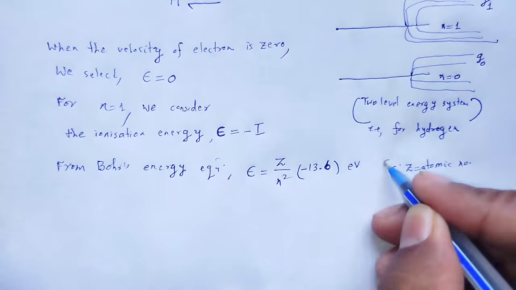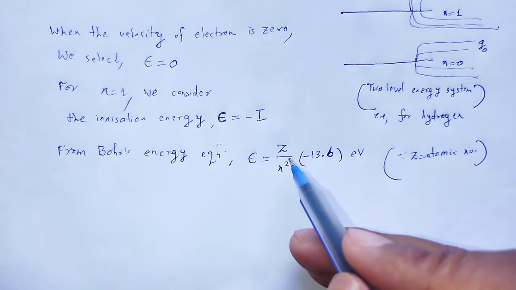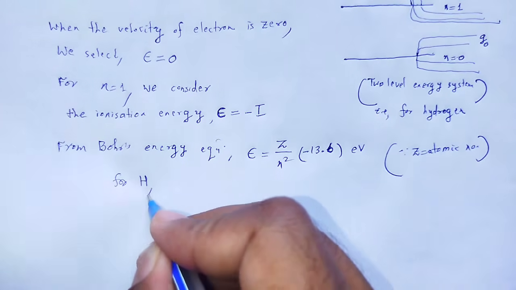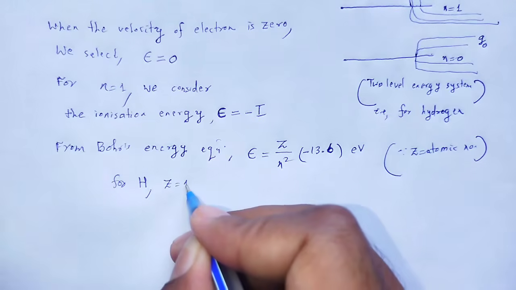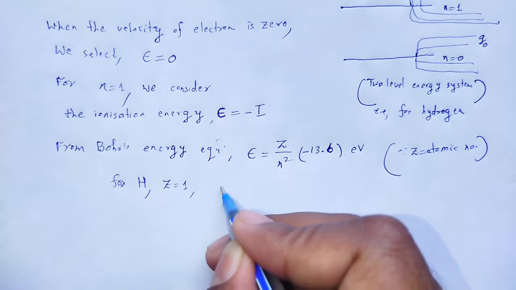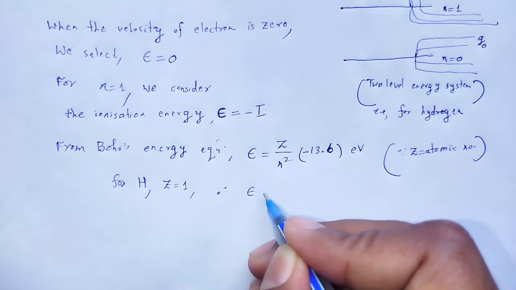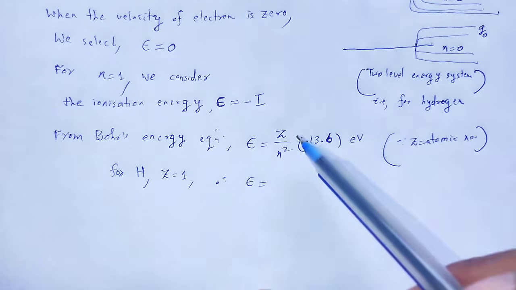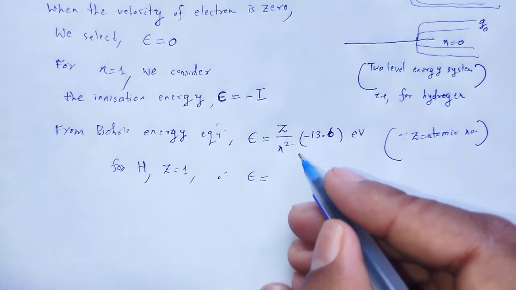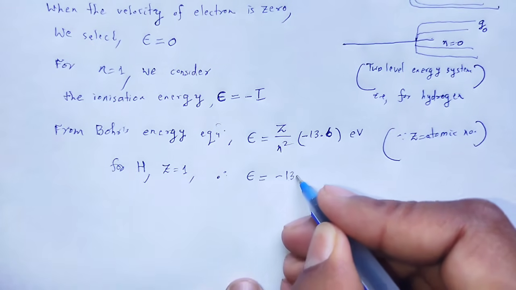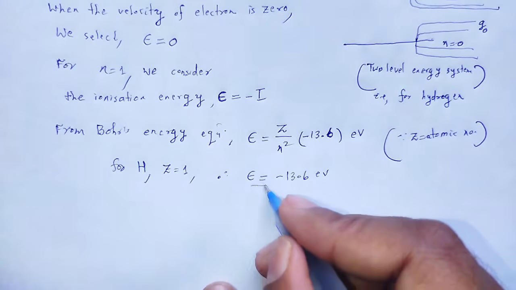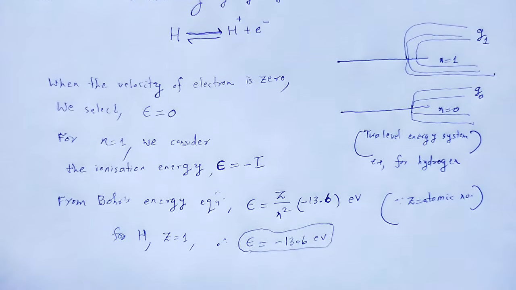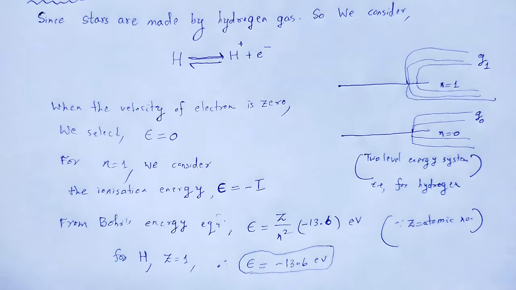For hydrogen, Z is equal to 1. Therefore, the ionization energy for the first excited state, again n is equal to 1, is minus 13.6 electron volt. That amount of energy is the ionization energy for the hydrogen atom.